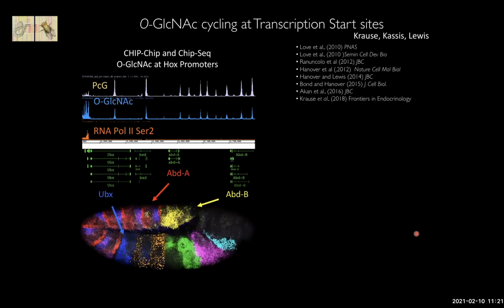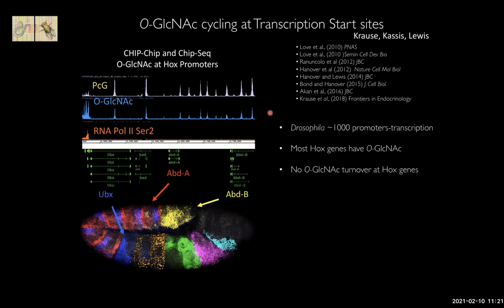And polycomb repression is very important for regulation of the Hox genes. Perhaps the most famous of these are the Antennapedia A, Antennapedia B locus. And as you can see, polycomb group and O-GlcNAc are almost exactly coincident. So in the fly, there are about 1,000 promoters like this. Most of the Hox genes have O-GlcNAc. There's no O-GlcNAc turnover at those Hox genes.